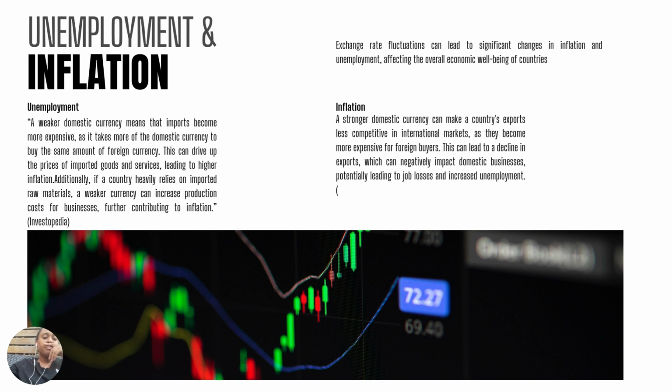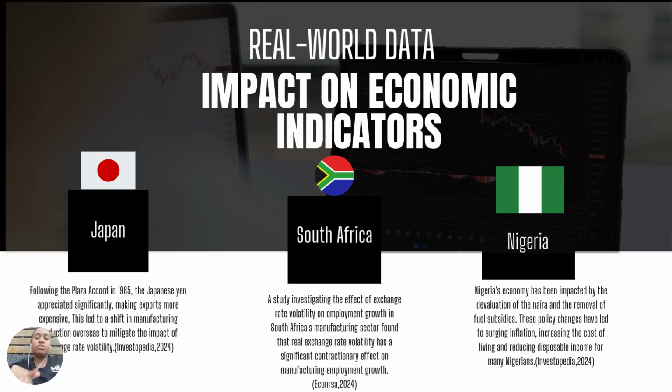For inflation, you've got a stronger domestic currency, and it can make a country's exports less competitive in international markets. And these are the different examples of it. So we've got Japan, South Africa, and Nigeria, and you can see that there is a huge impact.